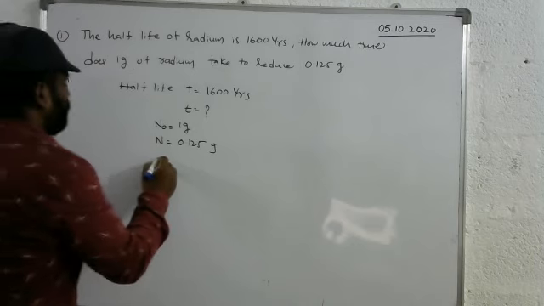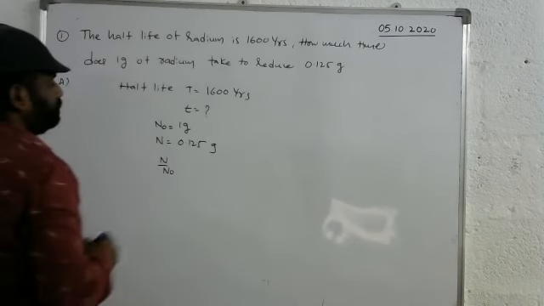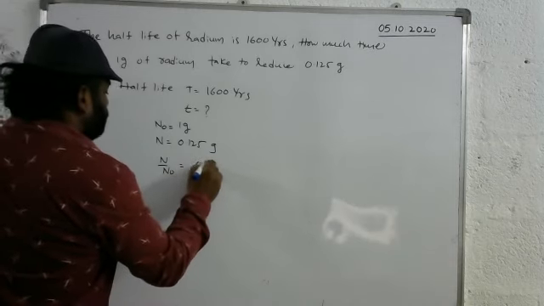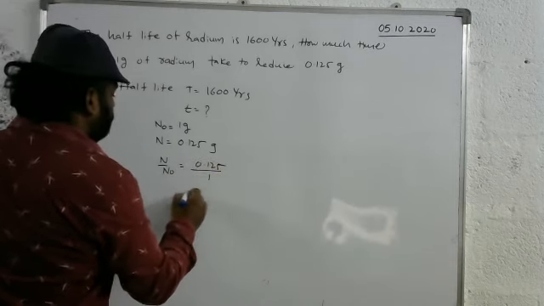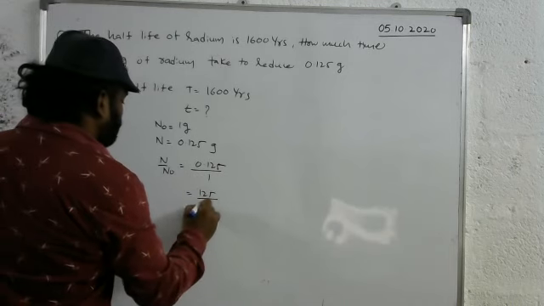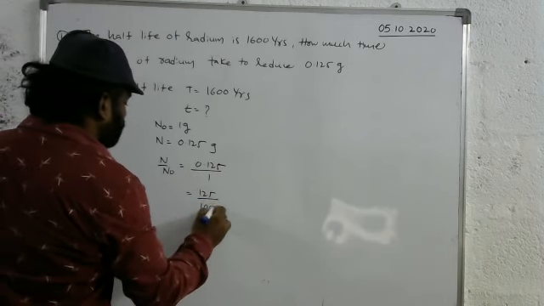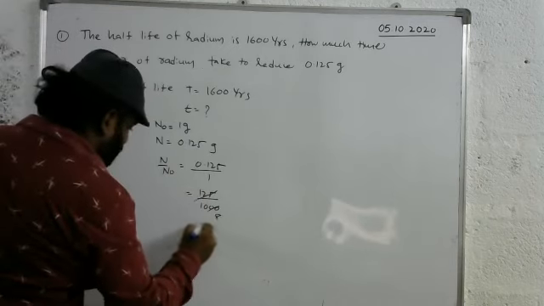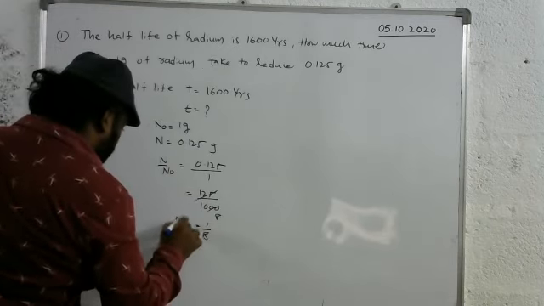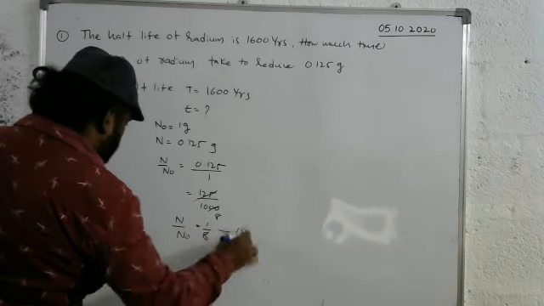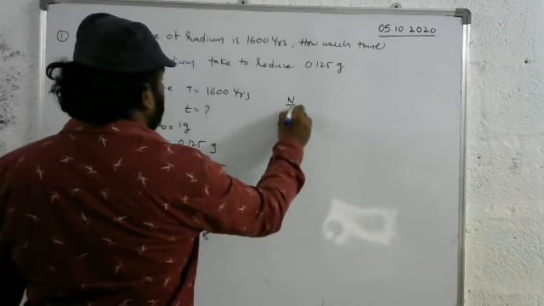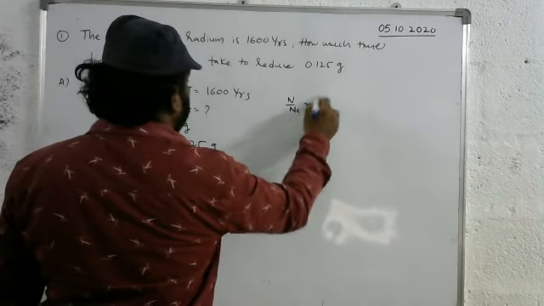So we have the formula N by N naught is equal to 0.125 by 1, which is 125 by 1000. By cancelling, we have 1 by 8. So N by N naught is equal to 1 by 2 whole cube.